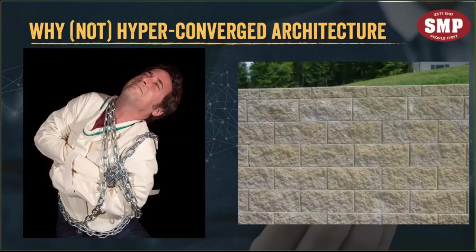You can always pivot and adjust for that, but you're still back to the building block basis of I have to add a node to be able to scale. You have to be able to scale in large quantity, because yes, you can do some growth inside the nodes, but from a big picture perspective, it's node by node.